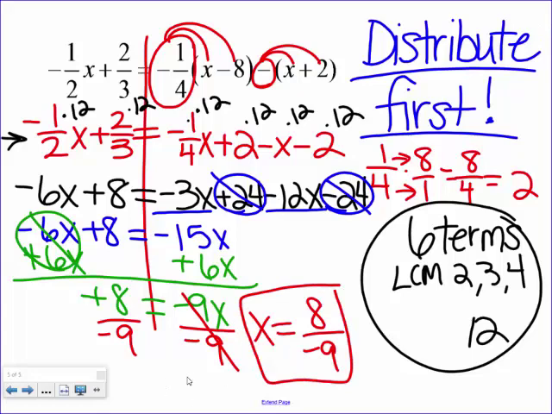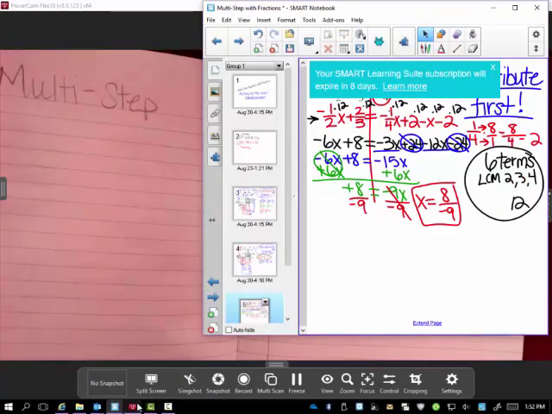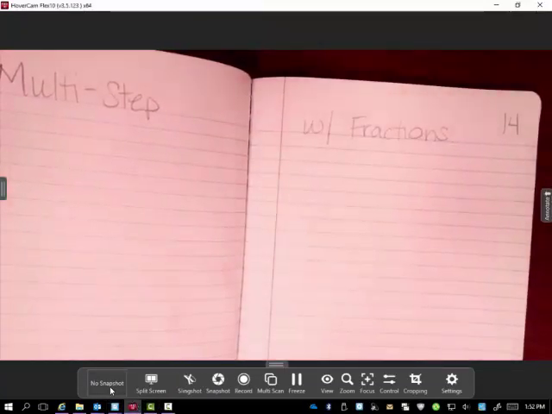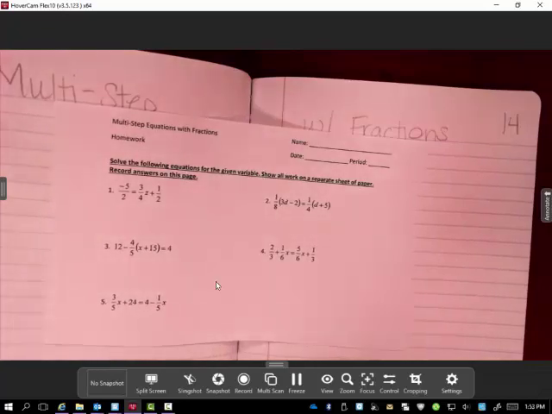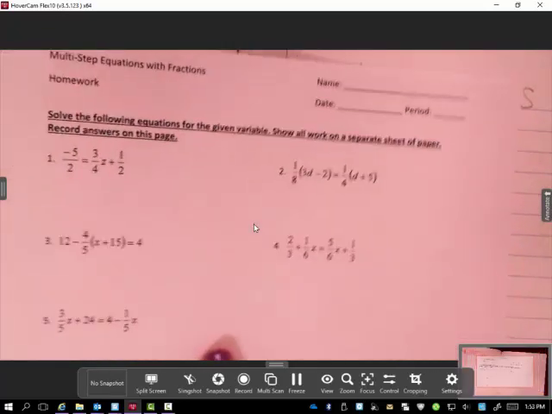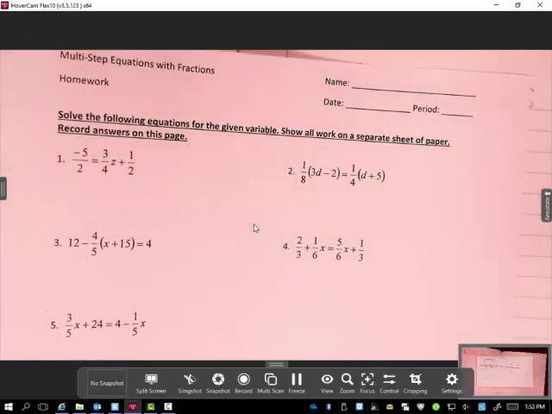Okay? Now, let me show you. I know we did that problem super fast. Let me show you what your homework's going to look like. If the bell rings, just hang out for a second, okay? Listen. This is what the homework looks like. There are 5 problems. The directions say, solve the following equations for the given variable.